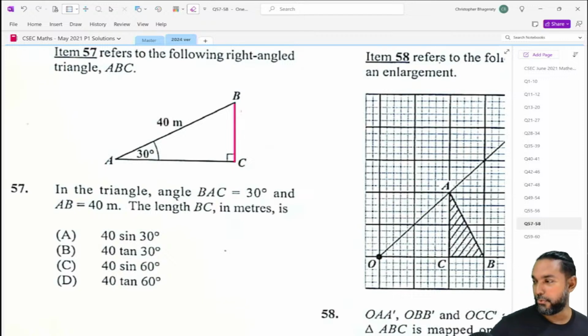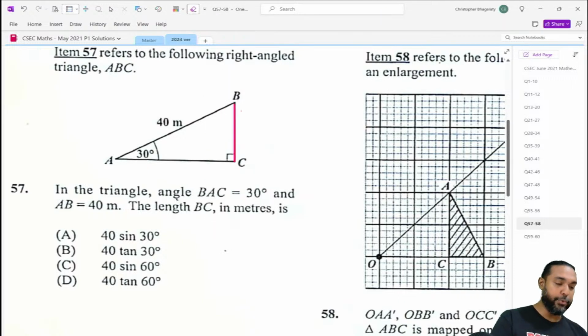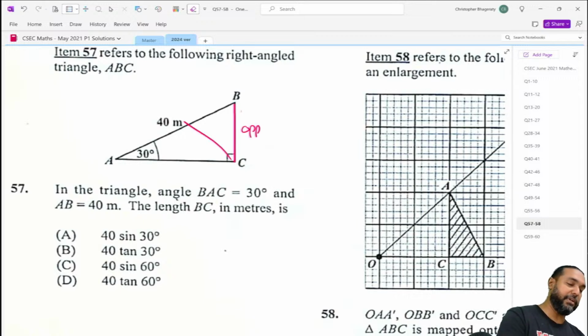All right, cool. Three more, we're almost there. We want to find the pink side. Relative to the angle 30, is that opposite, adjacent, or hypotenuse? Correct. This side 40 is opposite the right angle, which makes it the hypotenuse.